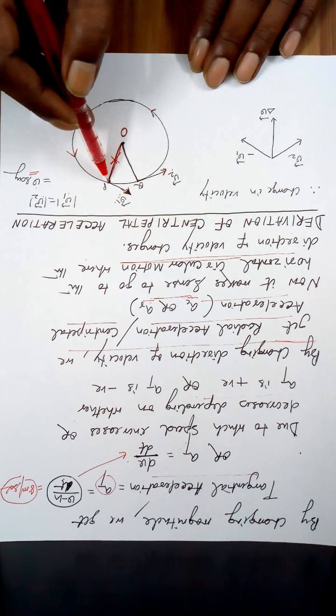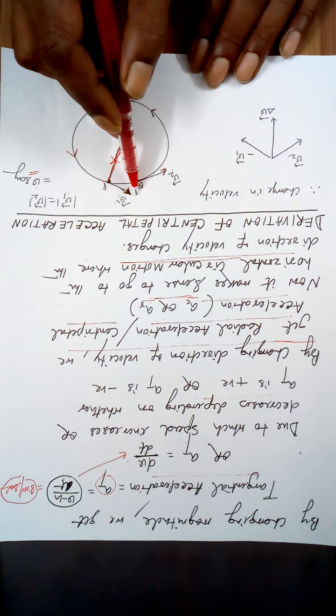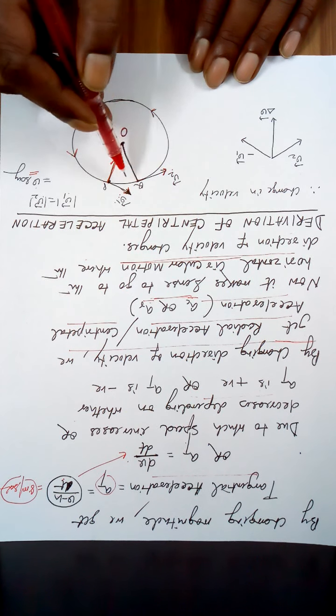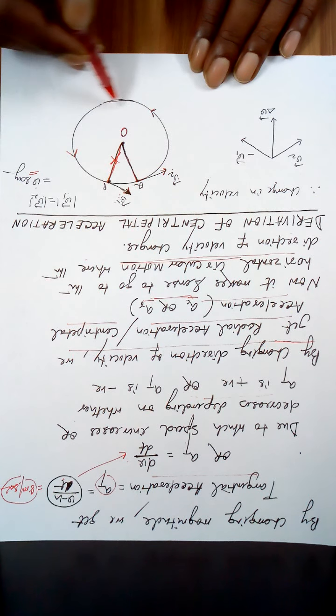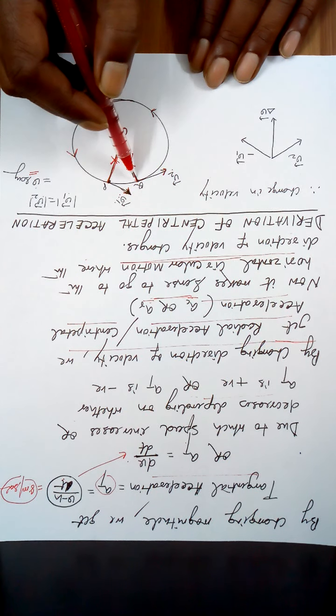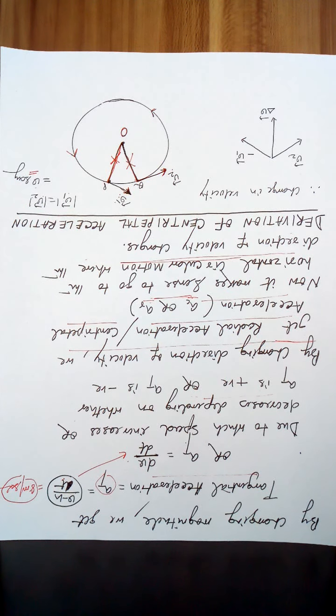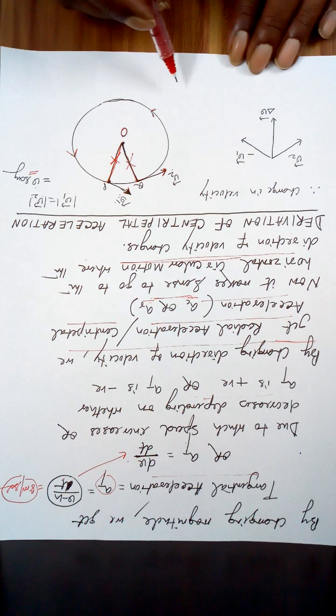You will find this object flies off along the tangent. When the object is here, this is the string and it is moving in a circular path. If this string breaks here, you will see the object moving this way. So that gives you the direction of the instantaneous velocity. Now what is the change?